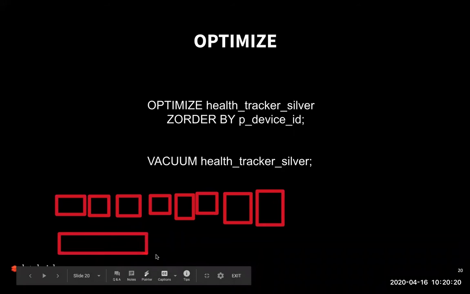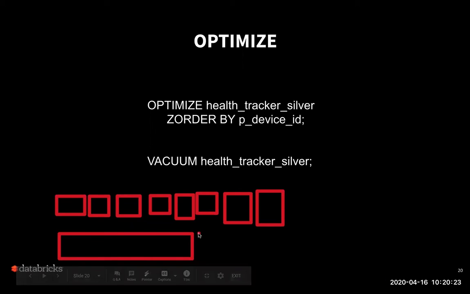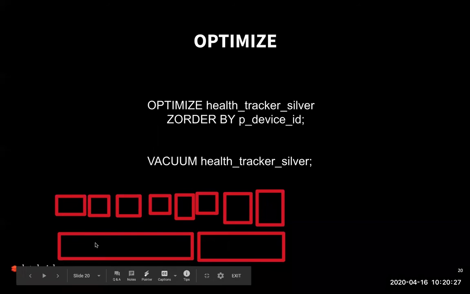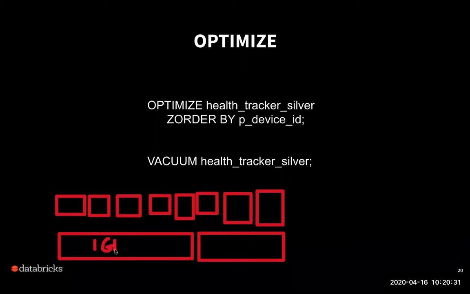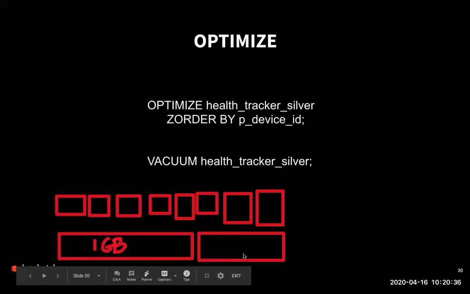And what it's going to do is simply group small files into a smaller number of big files. So I'll take all these small files and I'll target a file that's roughly 1 gigabyte in size. That's our target size. So we take a lot of small files and we build out these fewer, bigger files in our Delta Lake. And what we're doing is just making another version of our data.